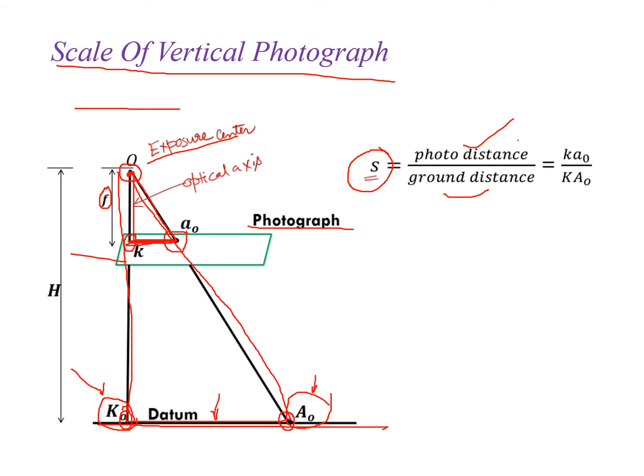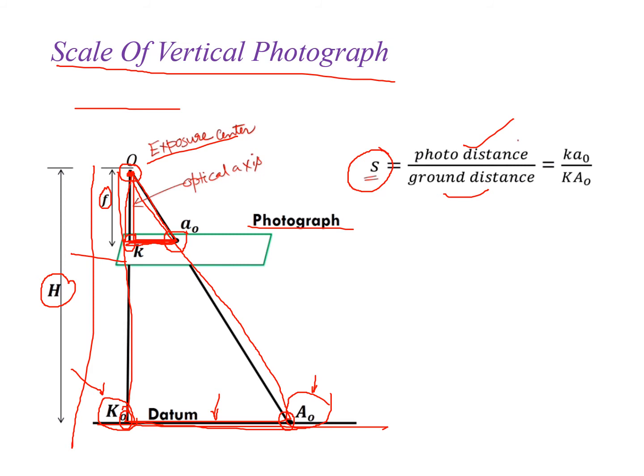These two triangles are similar, therefore this horizontal distance and this horizontal distance are in the same ratio as this vertical distance and this vertical distance. What is this vertical distance? This vertical distance is nothing but the height, H. H is called the flying height, which is measured from the datum to the exposure center.